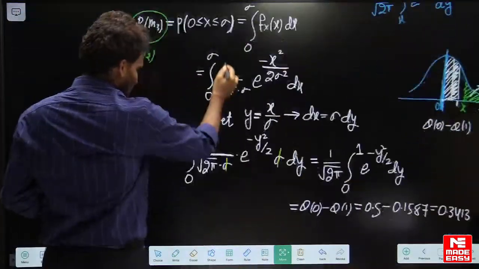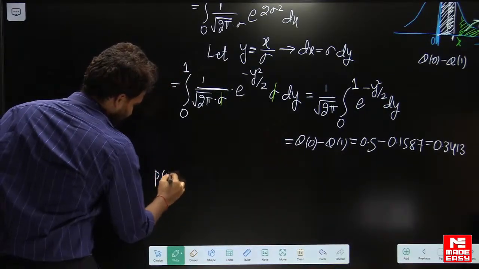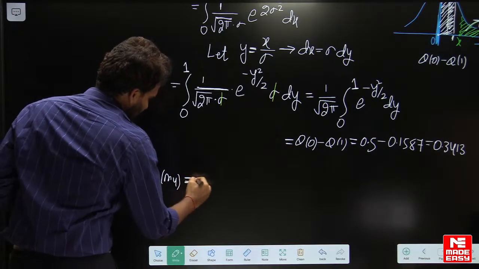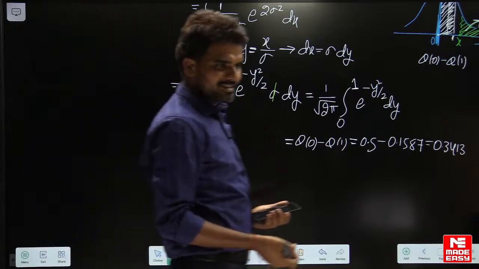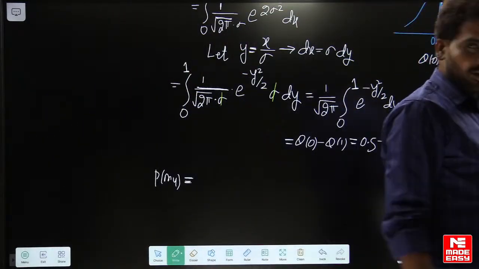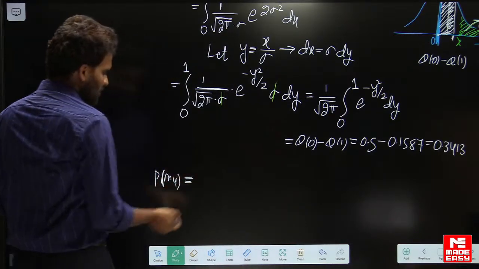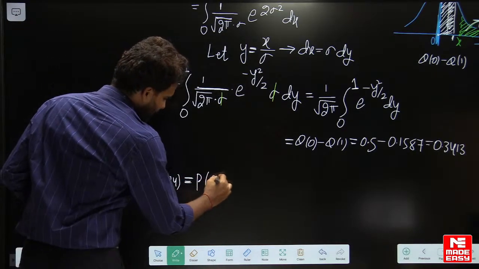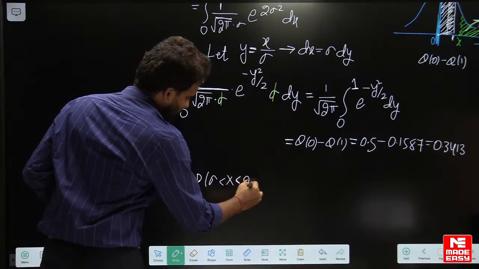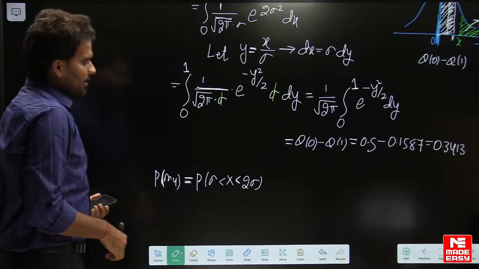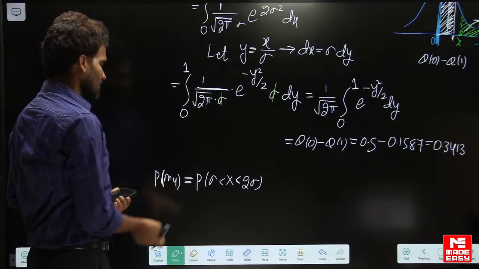So PM4 will be equal to, what is the probability to get M4 in the output? To get M4 at the output of the quantizer, X should be in between sigma and 2 sigma. If X is in between sigma and 2 sigma, then those samples will be quantized to M4.